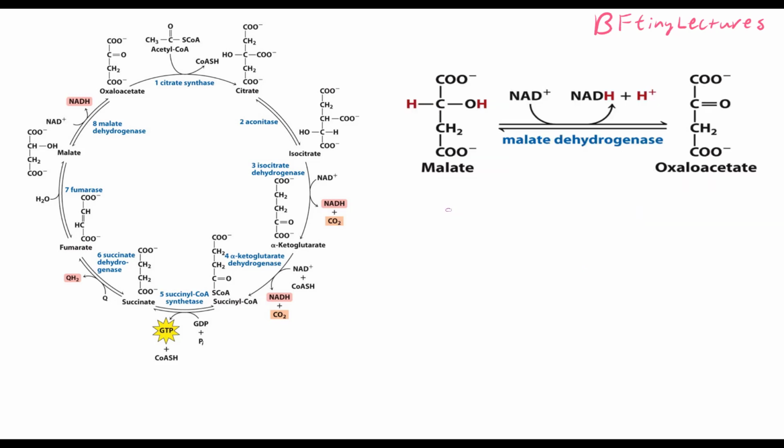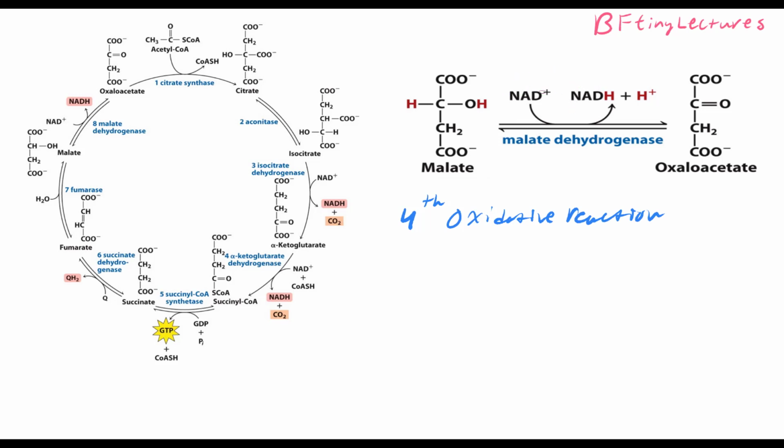So now we go into the final step of the TCA cycle. This final step is actually the fourth oxidative reaction. Of course, this is going to be a redox reaction.